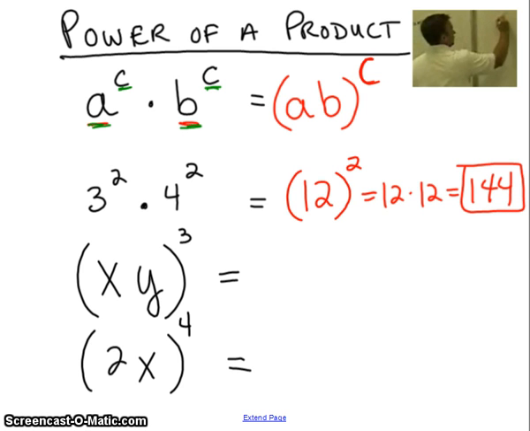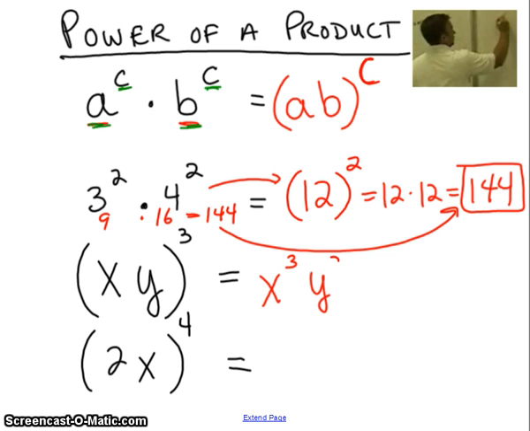If we were going to do this out, we'd get 3 squared, which is 9, times 4 squared, which is 16, and if you multiply those two, you get 144. So this is where the power of a product can help. Vice versa, if we have xy to the 3rd power, well, that's x to the 3rd and y to the 3rd.